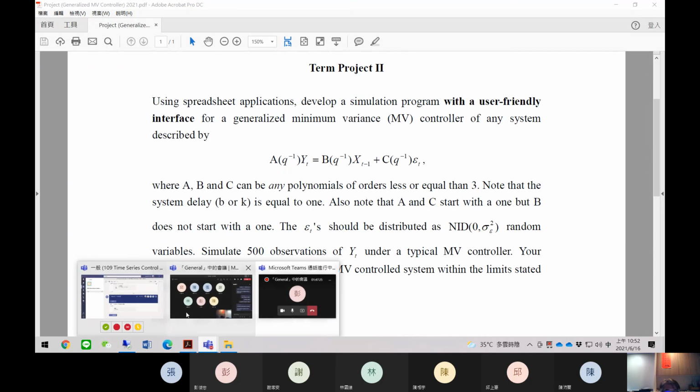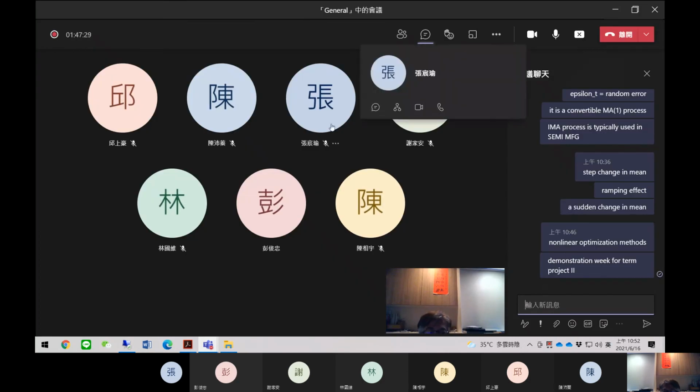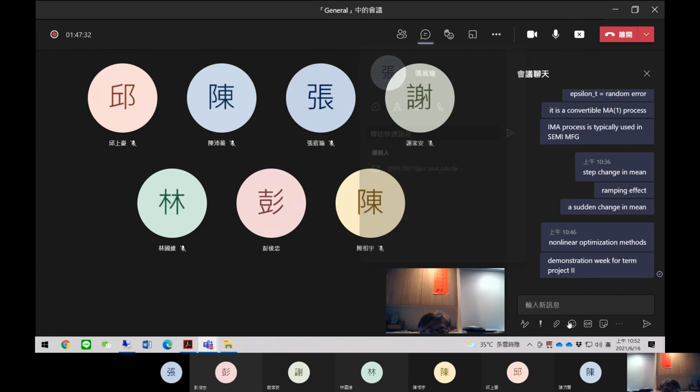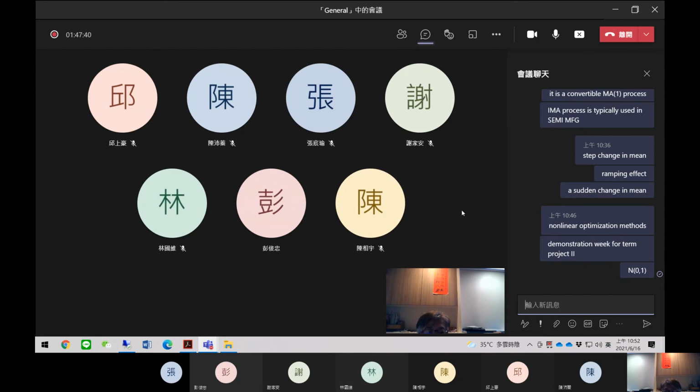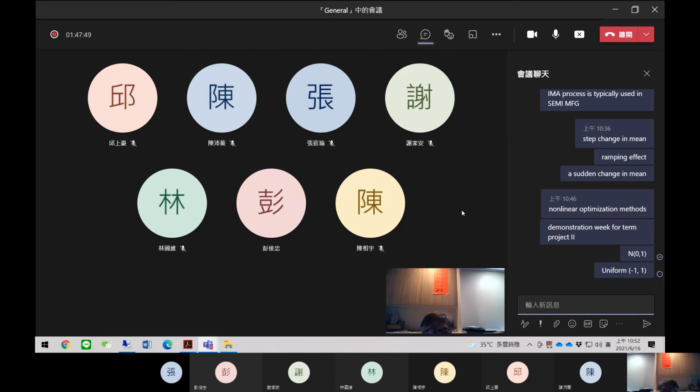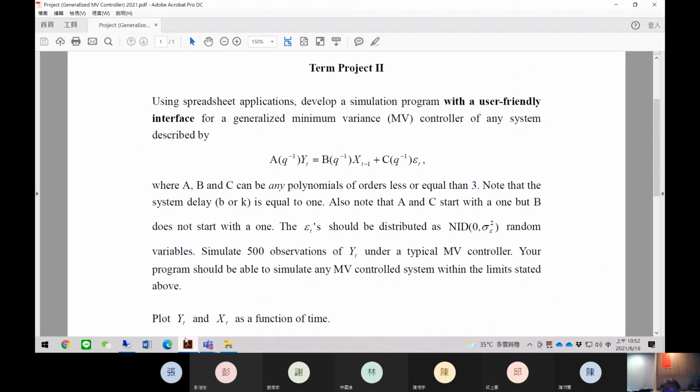It could be a normal distribution with mean 0 and variance 1, or a uniform distribution between -1 and 1. Either way, as long as it's a white sequence with mean 0, that will be fine. Any other question? No, just that. Thank you.